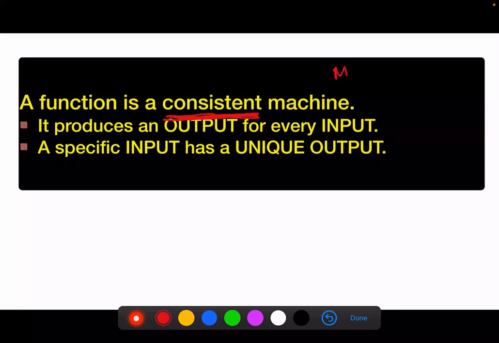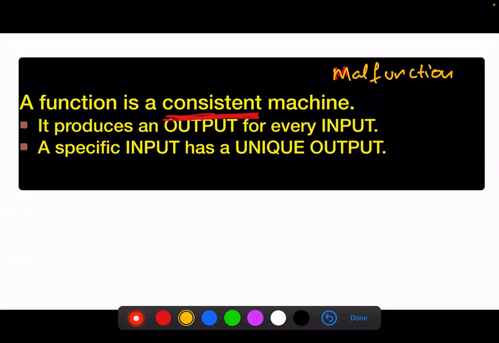We use that word malfunction. Are you getting? Yes. So that is why when you say function, a specific input will have a unique output. Getting? Are we okay here?